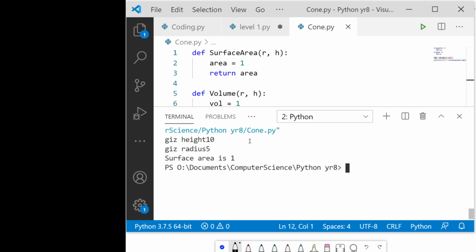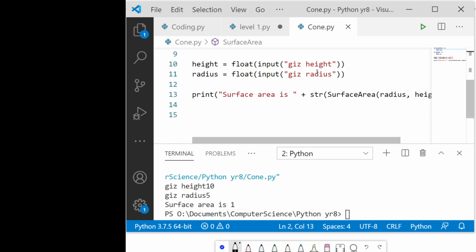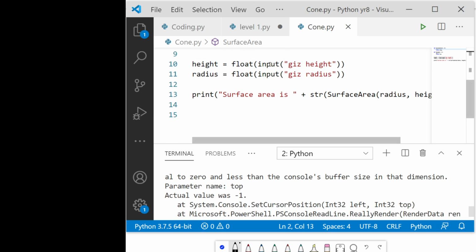Oh, surface area is 1. So it's worked. Now what I've effectively done is a process called unit test. I've not actually tested that the area is correctly calculated, but I've tested that I'm outputting a surface area. I know the answer is 1 because that's what I've forced it to be.